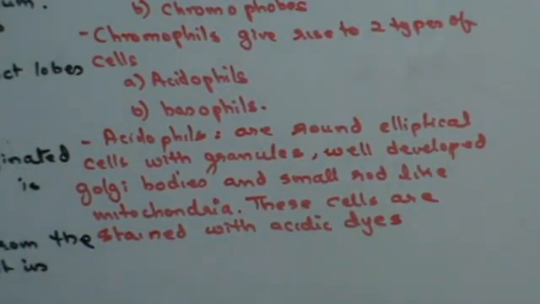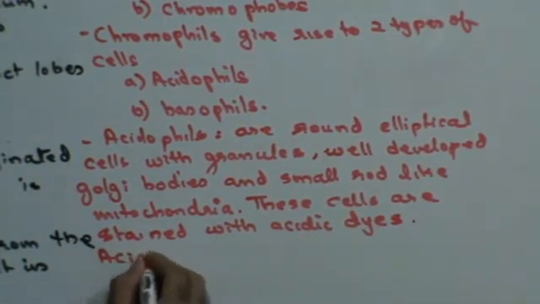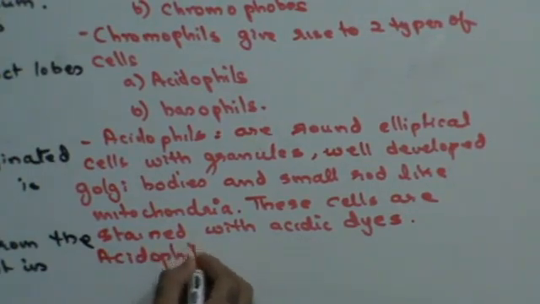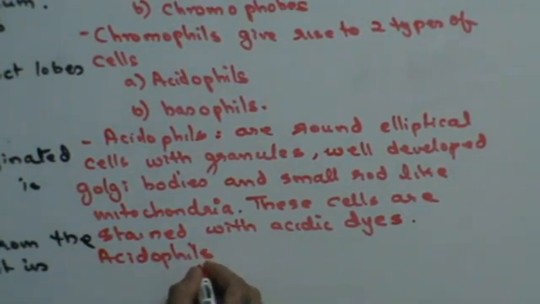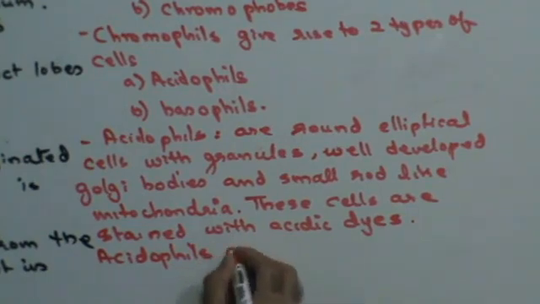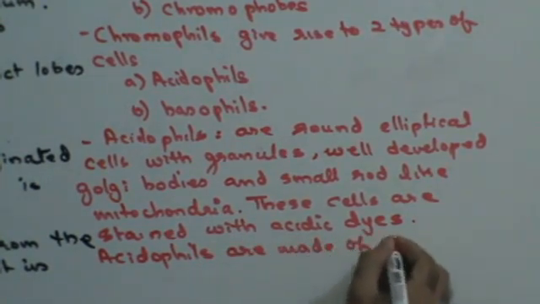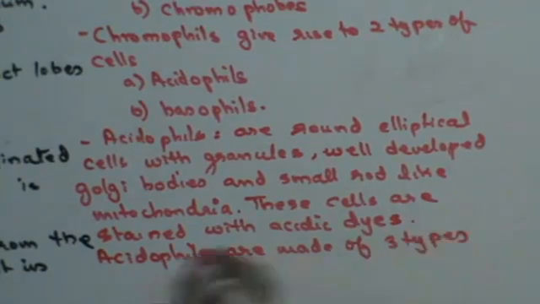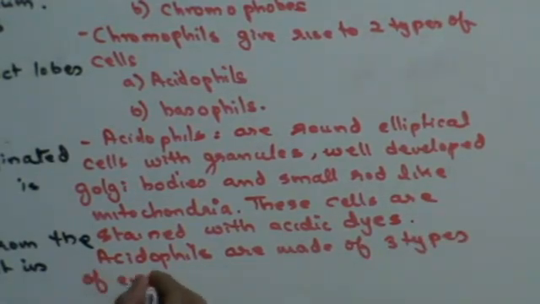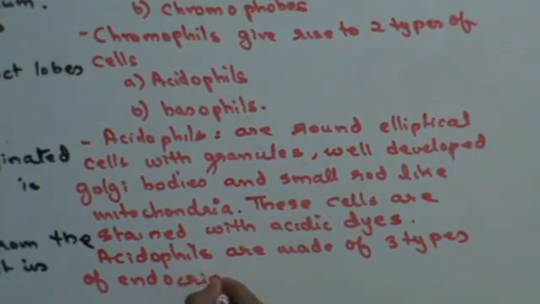Right? Now, acidophils are made up of three types of endocrine cells.